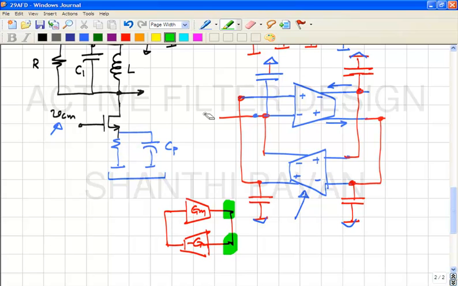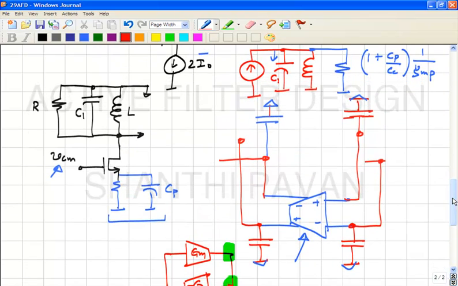The inputs are the same as far as the common mode is concerned. You replace each gyrator with its common mode equivalent circuit. And what is that common mode equivalent circuit? This is the equivalent for common mode signals, correct?